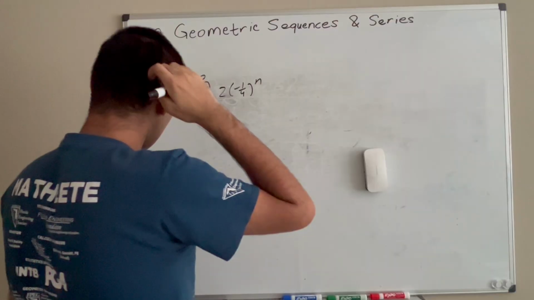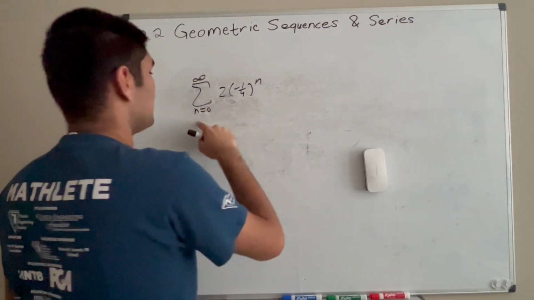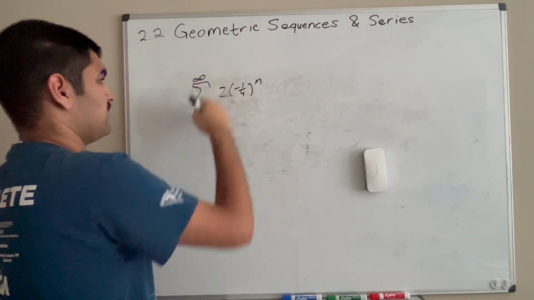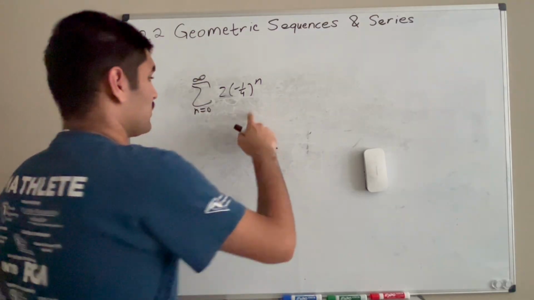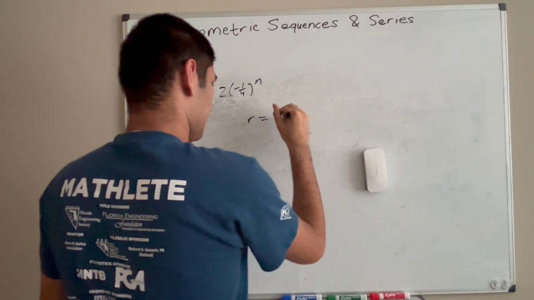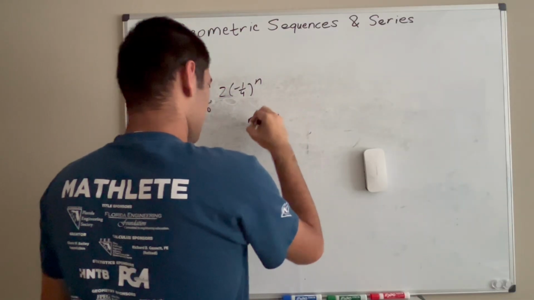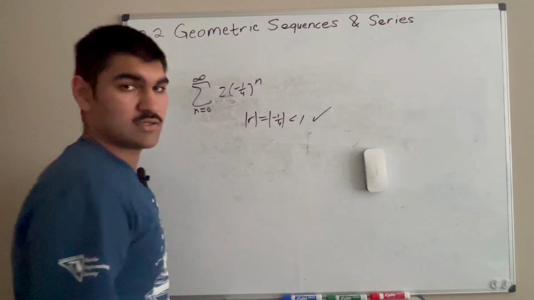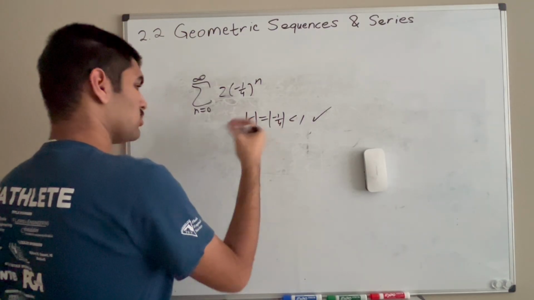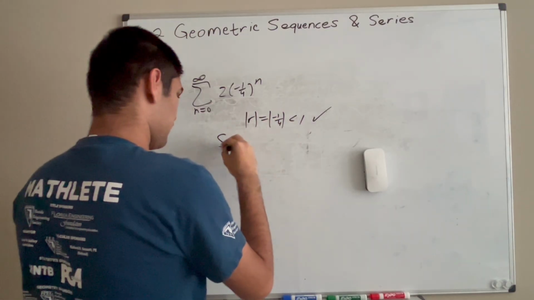It's an infinite series as well, because we're going from 0 to infinity. So we have to determine if it converges or diverges. Well, r is equal to negative 1/4, and the absolute value of r is 1/4, which is less than 1. Check, meaning this does converge.